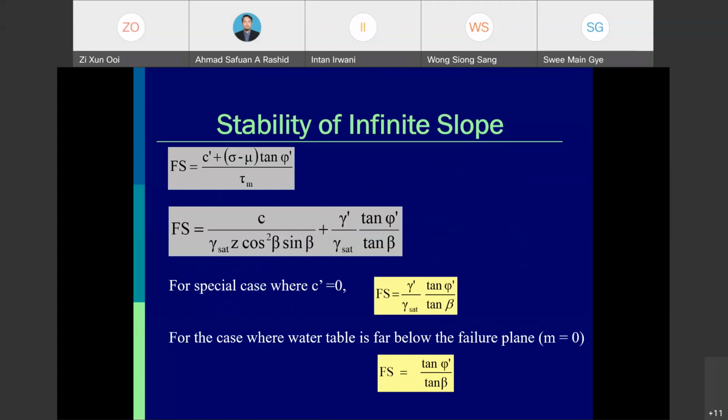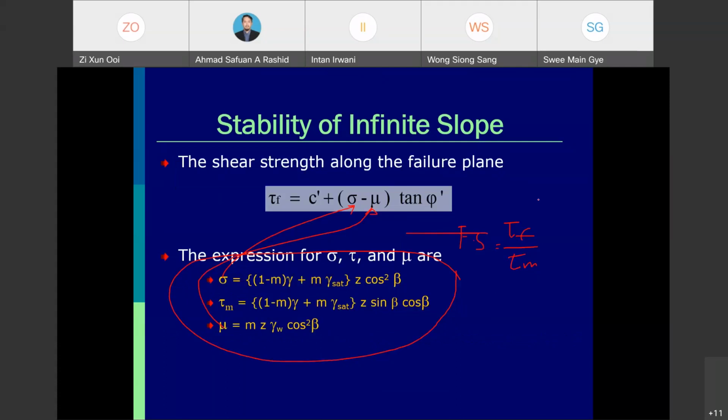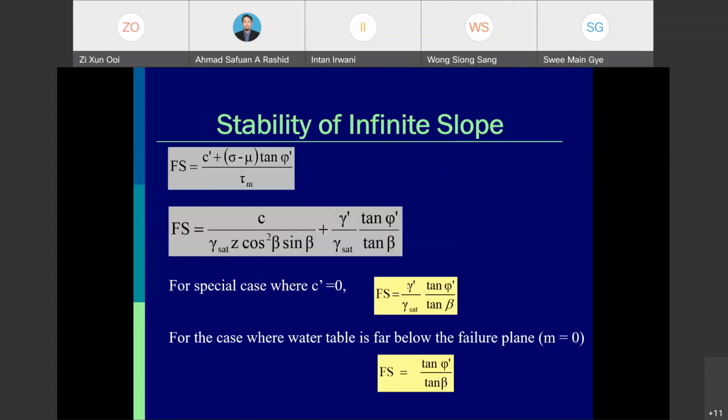Then we can do a simplification, the same as the one shown. But the idea is we need to understand the basics of this formula. So for me, it is better for us to use this basic formula rather than this simplified method.